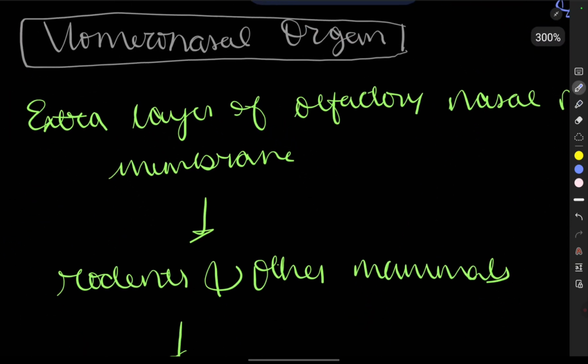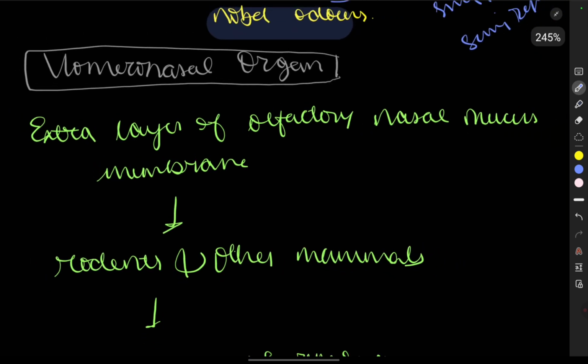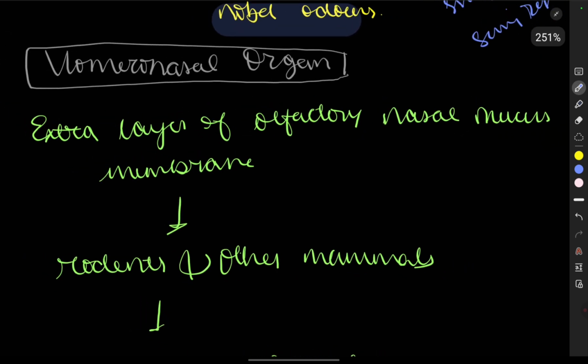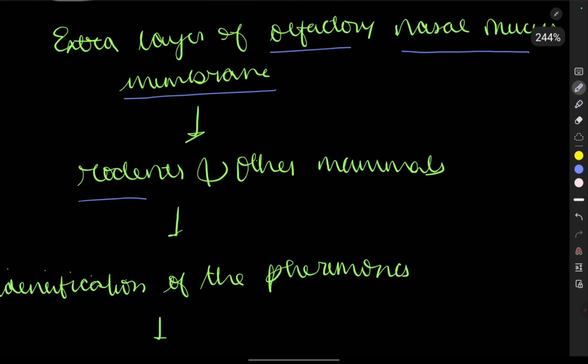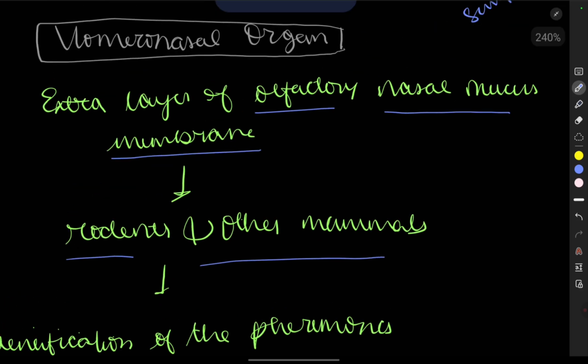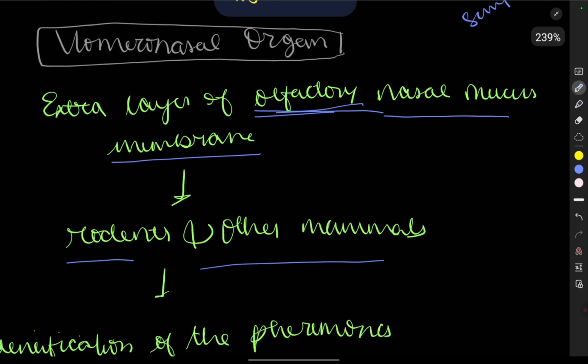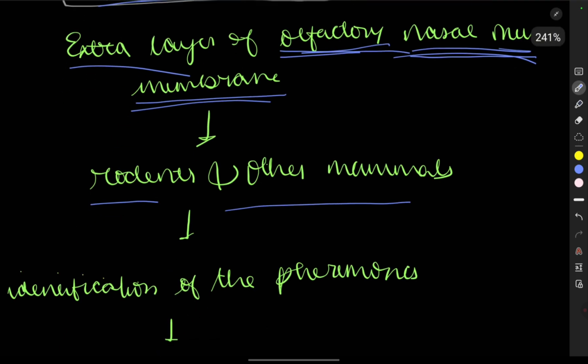And what are the vomeronasal organs? They are an extra layer of olfactory nasal mucous membrane, present in rodents and other mammals. It is nothing but an extra layer present in the nasal epithelium, and that is called the vomeronasal organ.